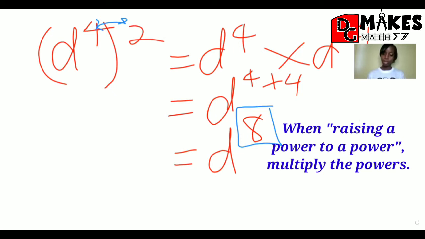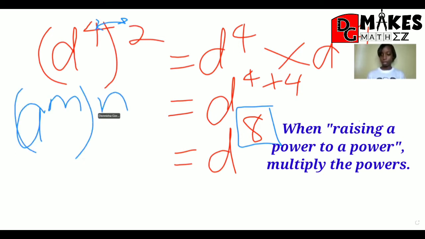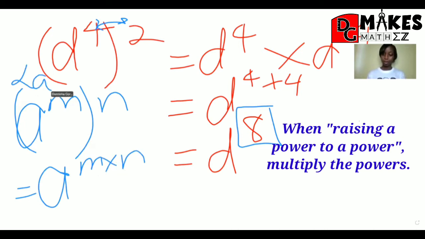So let's keep it a little bit general. A to the power of m, and we're raising that to the power of n. We can go ahead and multiply the powers. And that would be law number 3. We will now move to our fourth law, and we're going to take an example looking like this.